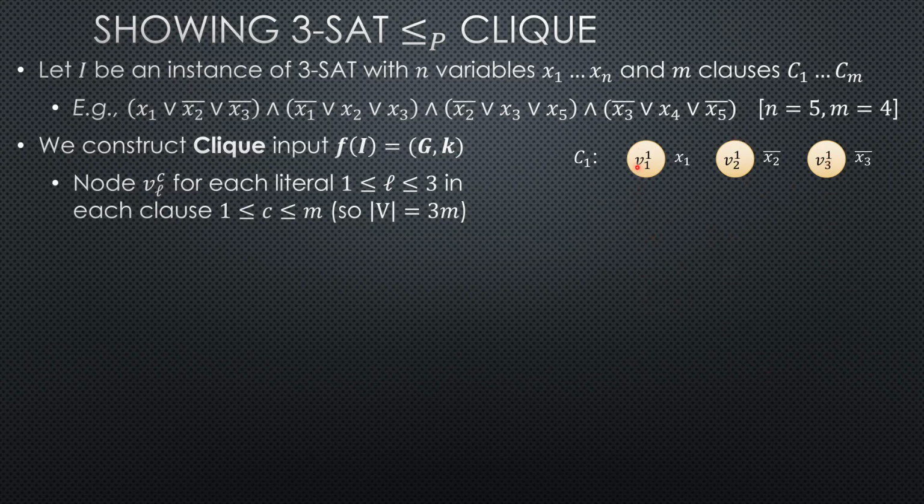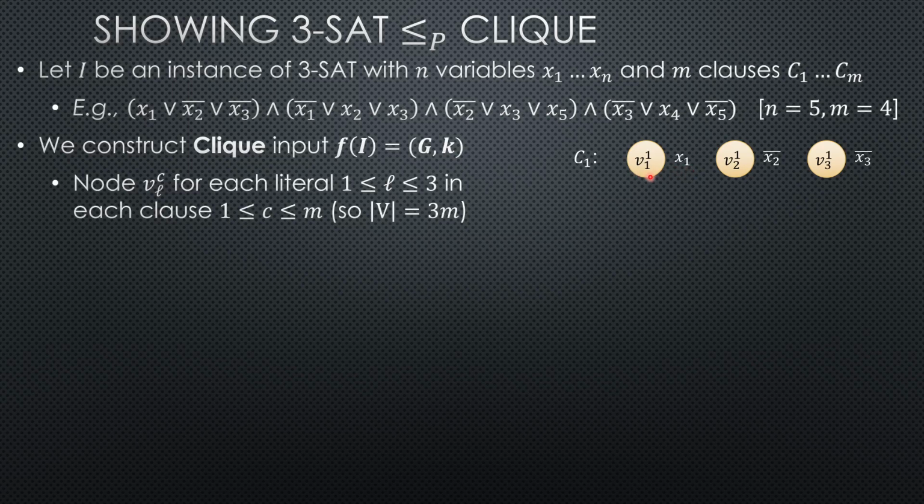So this is the first literal in the first clause, the second literal in the first clause, the third literal in the first clause. You can see x1, not x2, not x3. And you can imagine that the way that we're going to store this data in the graph, we want it to be very efficient for the sake of our algorithm. It is convenient if we can make it easy to access the corresponding literal for a particular node.